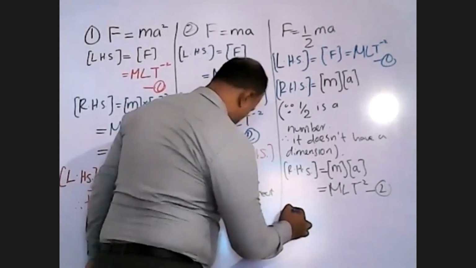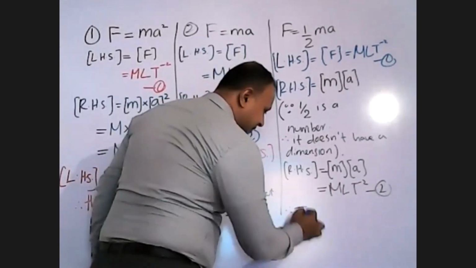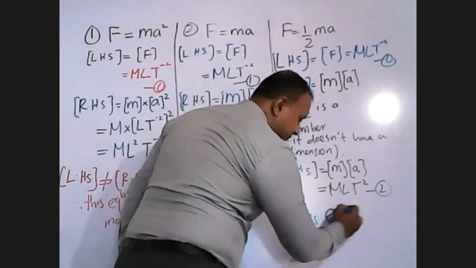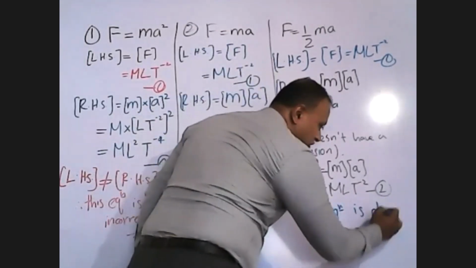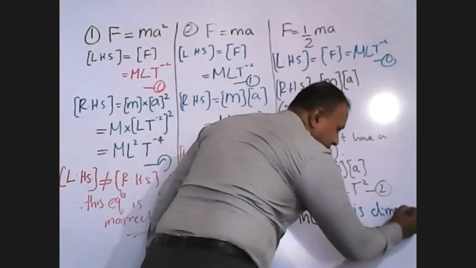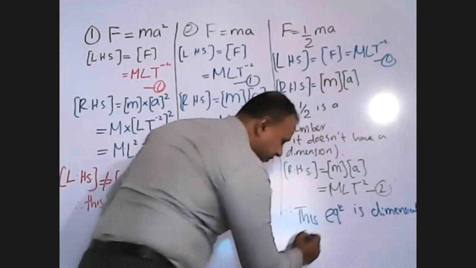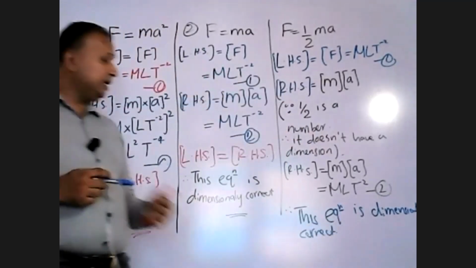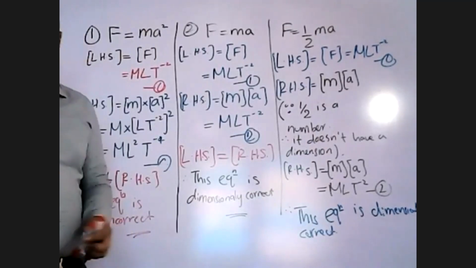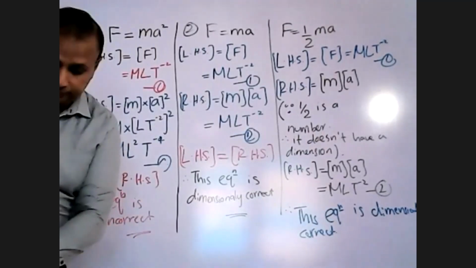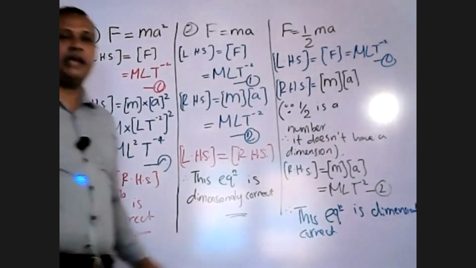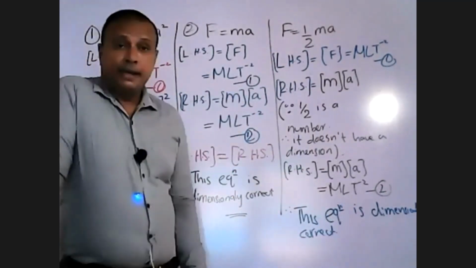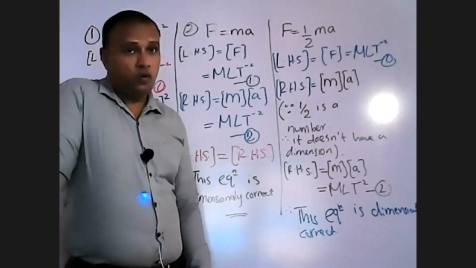In this case, this equation is dimensionally correct. Those are the three states in analyzing equations.